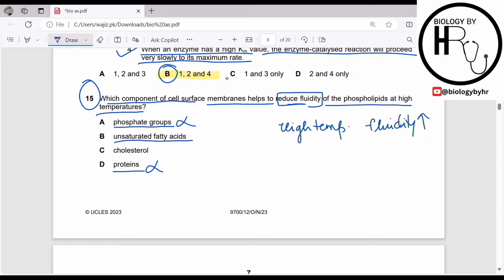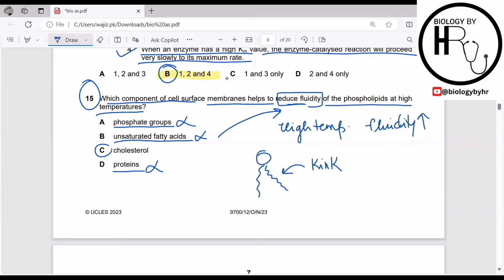Unsaturated fatty acids. We know that the presence of unsaturated fatty acids increases the fluidity of a cell surface membrane. So it will not reduce the fluidity, rather it would increase the fluidity. Why? Because whenever there are unsaturated fatty acids, they introduce a kink, right? And when they introduce a kink, it increases the fluidity.